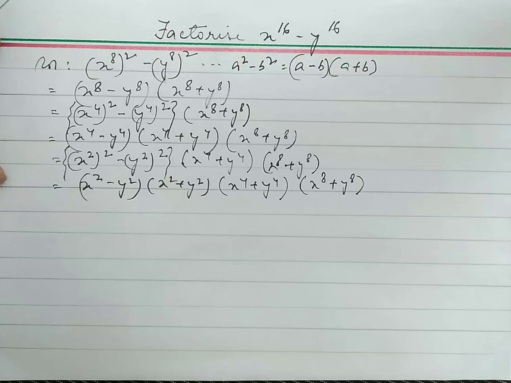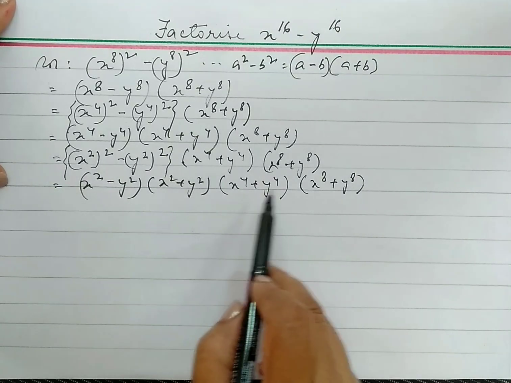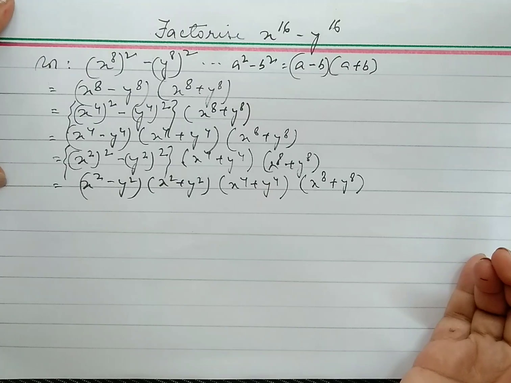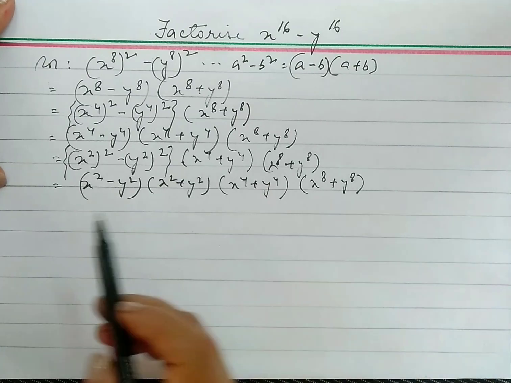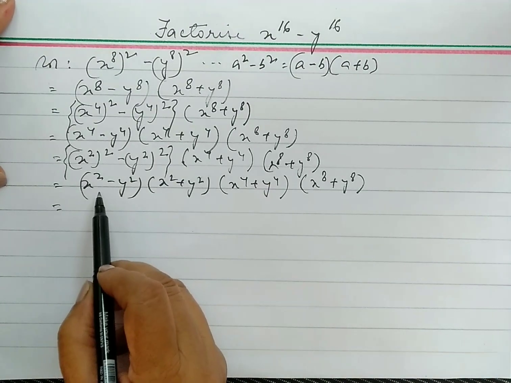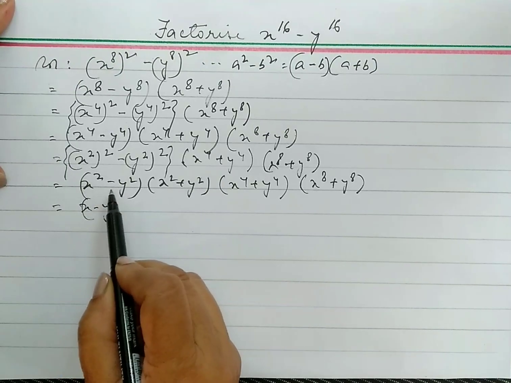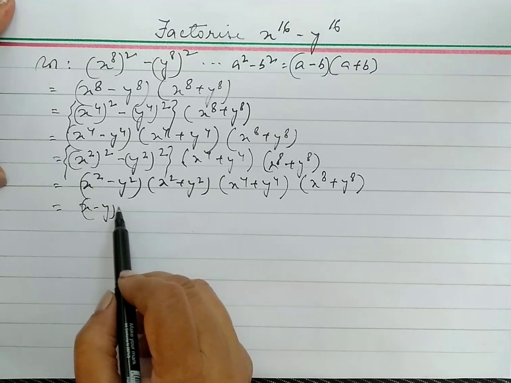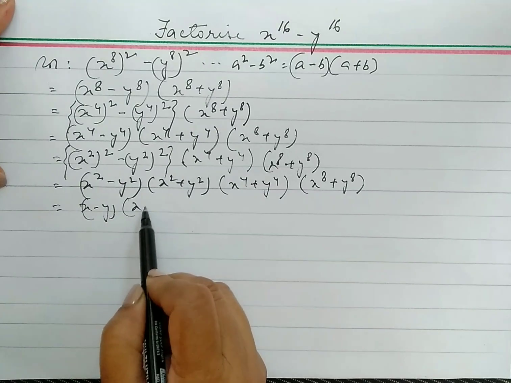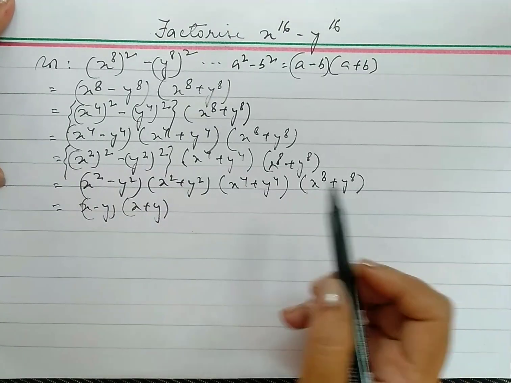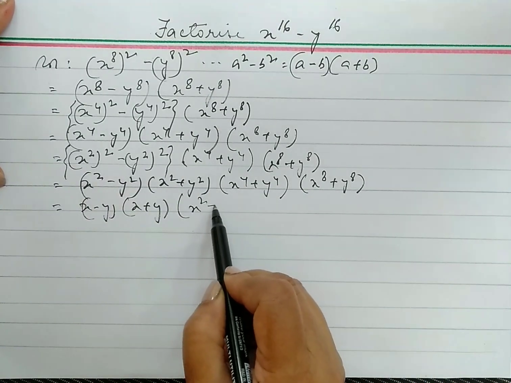So now we still have 4 factors. We need 5 factors. So can we not break this into 2? Of course we can, because this is a square minus b square, which means a minus b and a plus b, and here we simply copy them.